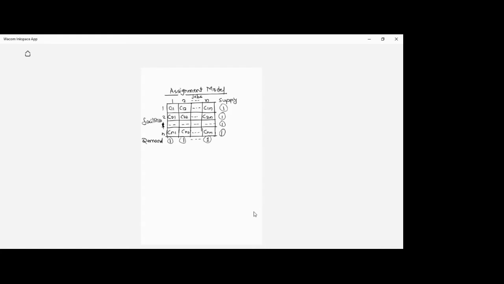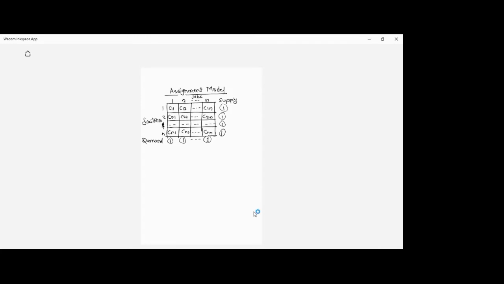So in each row there will be only one cell that will be occupied, and in every column there will be only one cell that will be occupied, as the resources are not divisible, we can't split them. So only one cell in each row and each column will be allocated. All other cells will be empty. This is a very important thing that you need to understand.